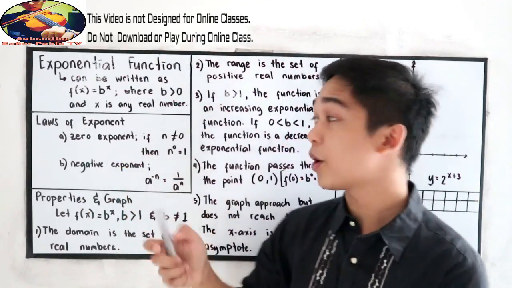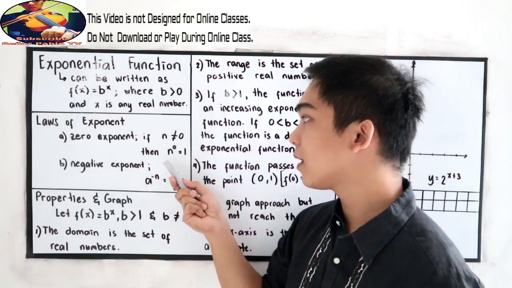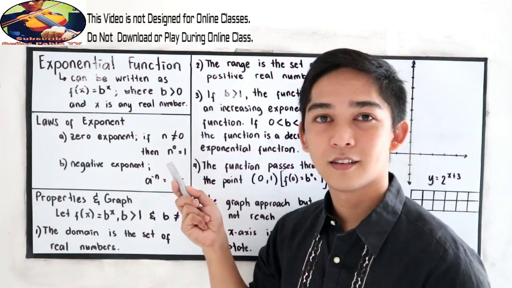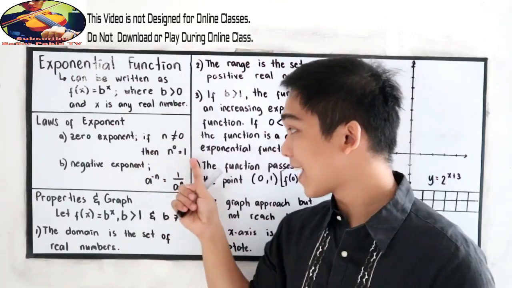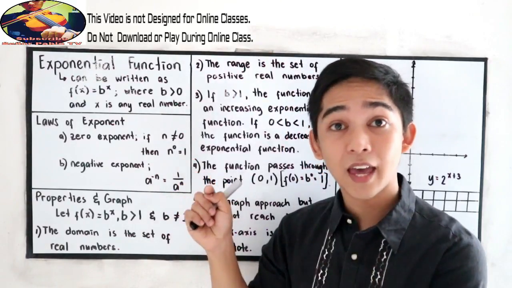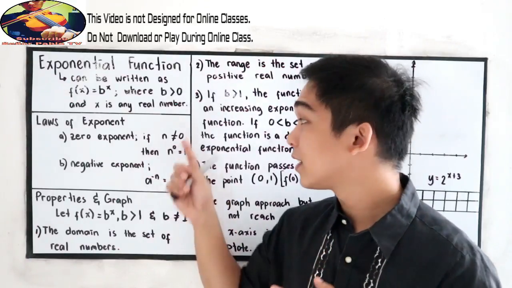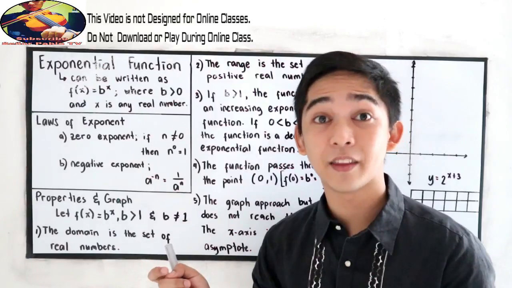If n is not equal to 0, then n^0 is equal to 1. That means 5^0 is equal to 1, and 10^0 is equal to 1, except for 0^0, because that will give us undefined.